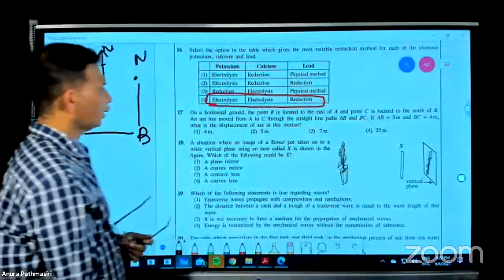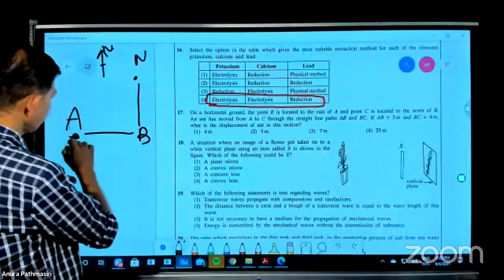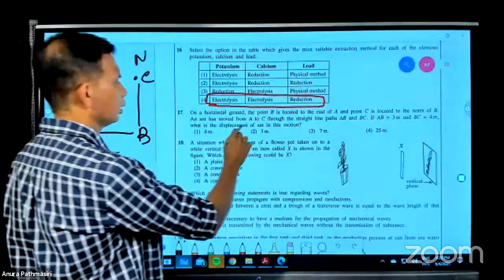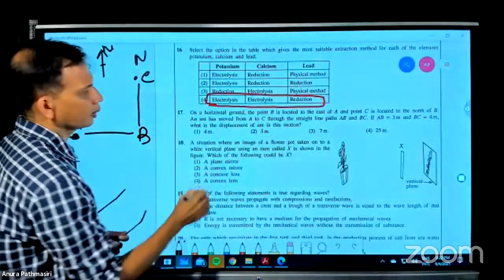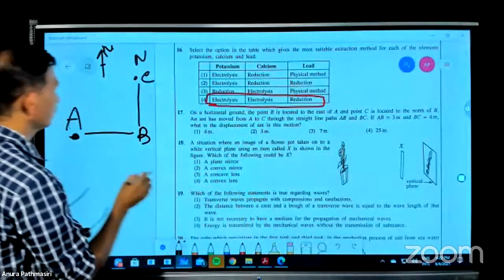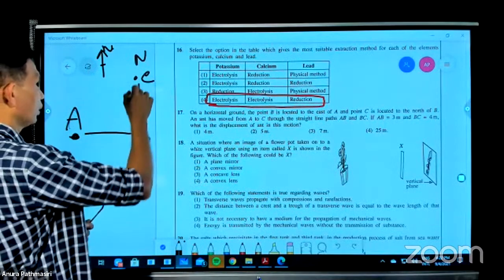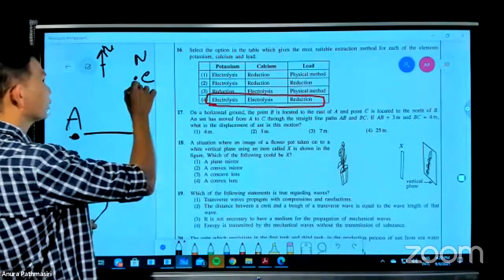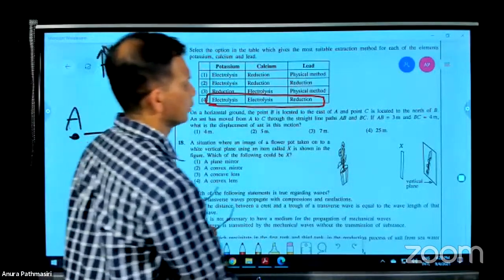An ant has moved from A to C through the straight line paths AB and BC. That means from this one, like this, he has moved.